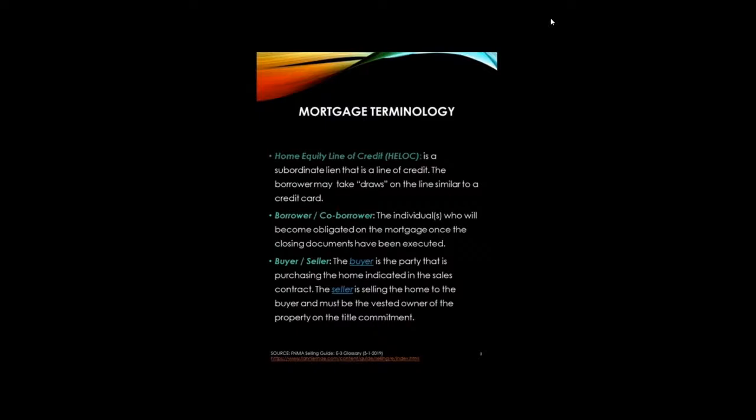The next one is a buyer and a seller. Pretty simple, especially for a purchase transaction. The buyer is the party that is purchasing the home, indicated on the sales contract. The seller is selling the home to the buyer, and must be the vested owner of the property on title. The key phrase that gets a lot of people confused is vested owner.